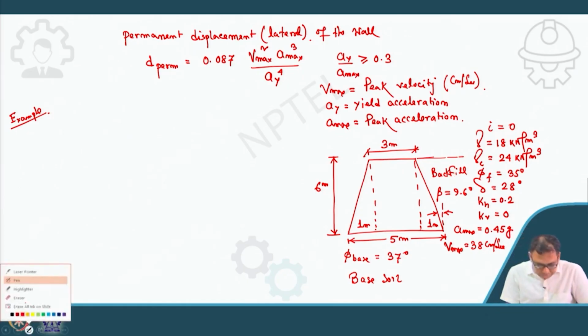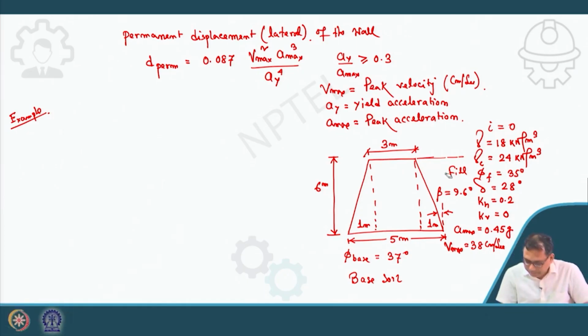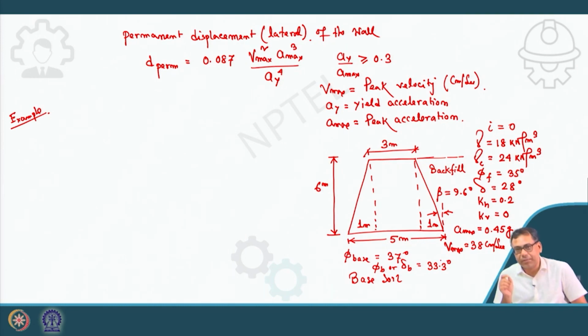Clear? So base soil, this is phi base. Similarly, delta b, that is again 33.3 degree. Okay, so now I have to determine the value of D permanent.